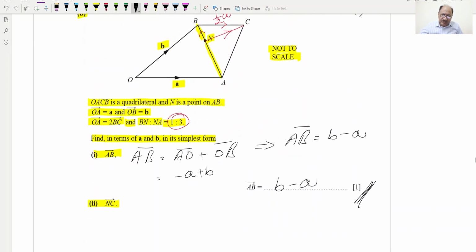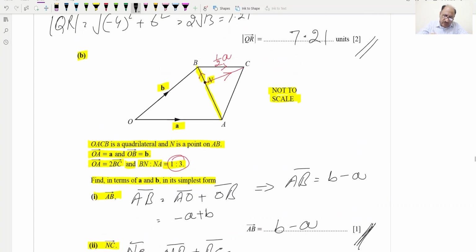Then they are saying NC. Now we can write NC vector is equal to NB plus BC, and NB, we know NB is how much? Okay, so I will write first this vector AN.